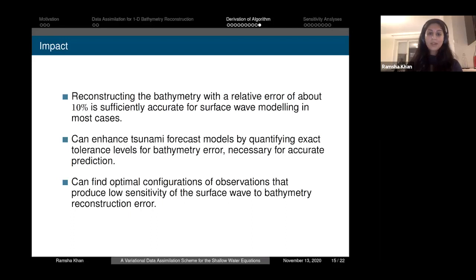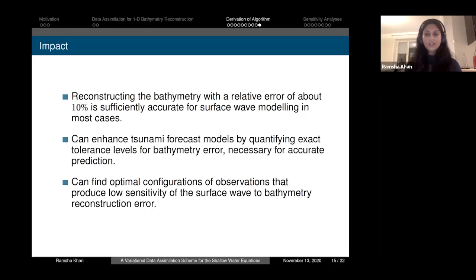And this can help in tsunami forecast models by allowing us to quantify tolerance levels for the error in our bathymetry reconstruction, such that we can accurately predict the surface wave. And also we can then use our knowledge of observation points necessary for accurate reconstruction to find optimal configurations of the observations that produce this low sensitivity.